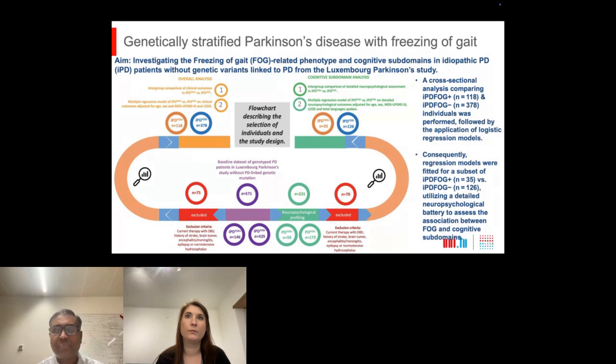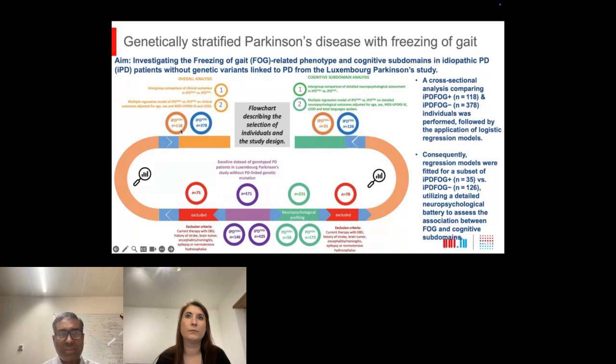One is with the freezing of gait and cognitive subdomains, that is on the right side, and on the left side, the whole data set after applying the exclusion criteria also went through the same analysis.